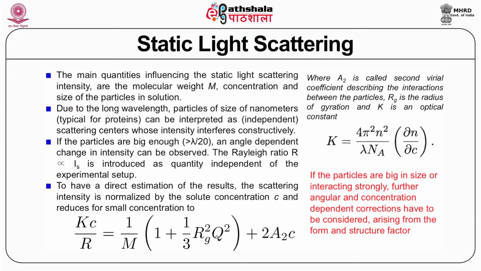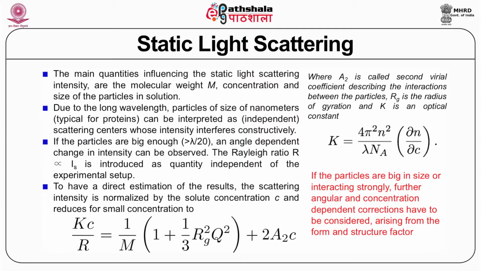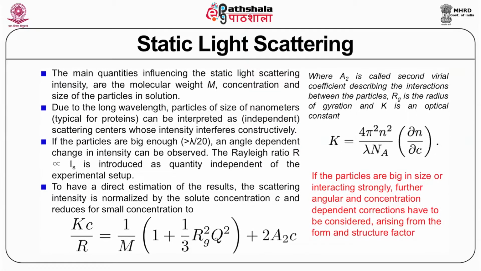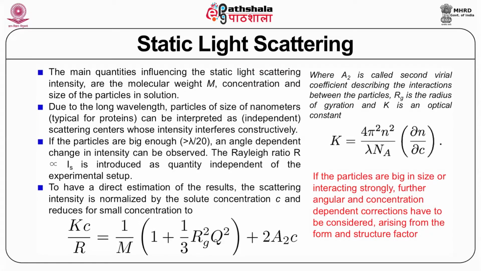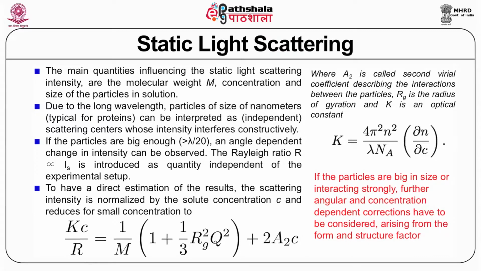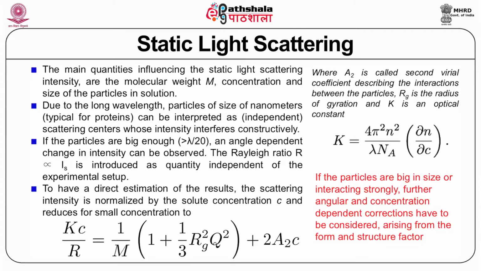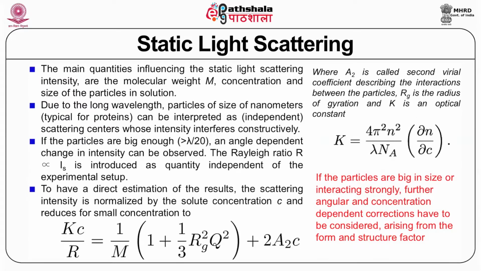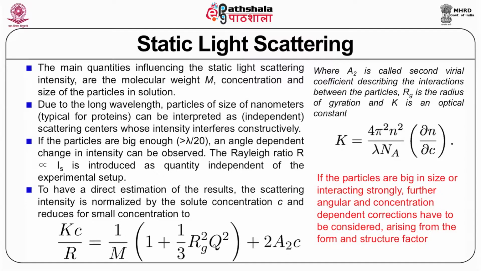Rg is the radius of gyration and K is the optical constant. K is represented as 4π²n²/(λ⁴ NA) × (dn/dc)². If the particles are big in size or interacting strongly, further angular and concentration dependent corrections have to be considered, which arise from the structure factor.